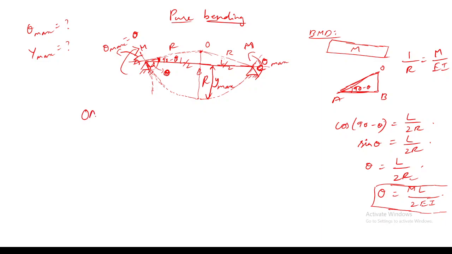See, I am taking this same triangle again. So OA square, which is the hypotenuse, is equal to OB square plus AB square, right? What is the value of OB square?